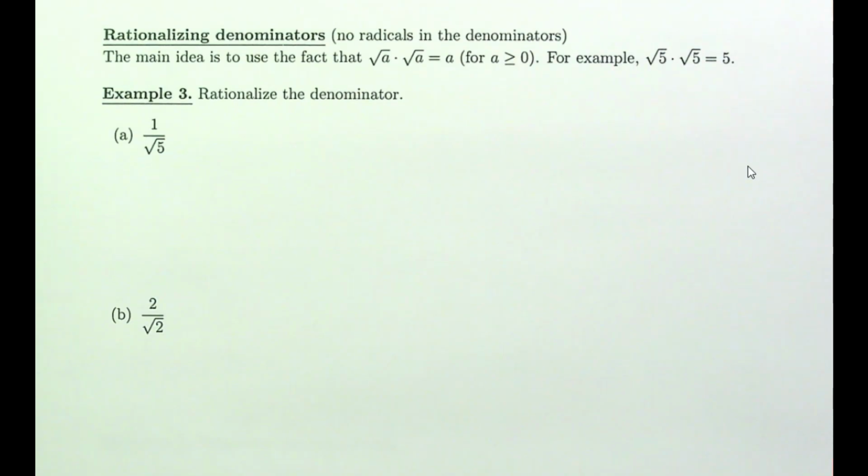Now we would like to talk about how to rationalize. The process of rationalization means to get rid of radicals. And for the most part, we usually rationalize denominators. So that means we get rid of radicals from the denominator.